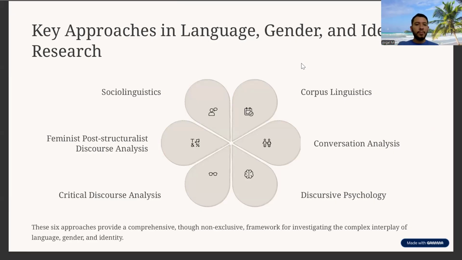Number five, feminist post-structuralist discourse analysis. These approaches are so important to do great research about these topics. These approaches provide a comprehensive, though non-exclusive, framework for investigating the complex interplay of language, gender, and identity.